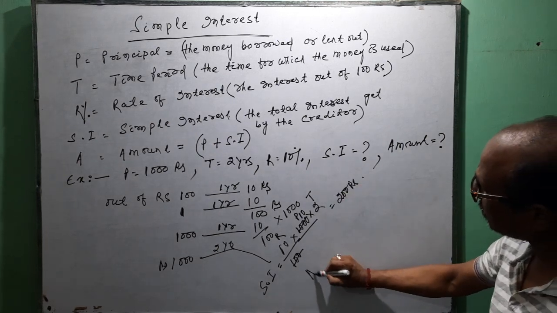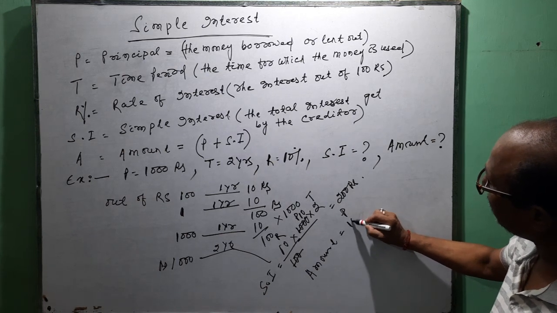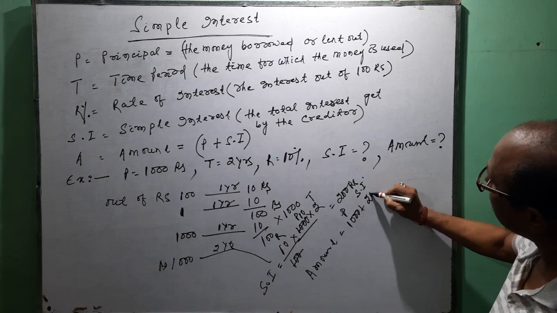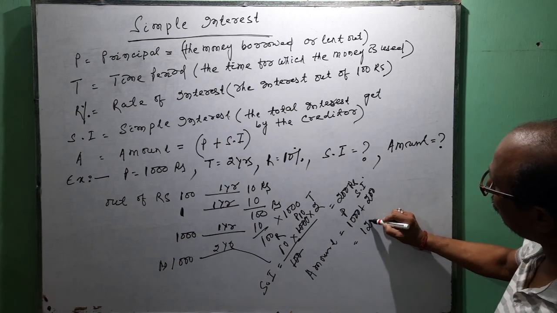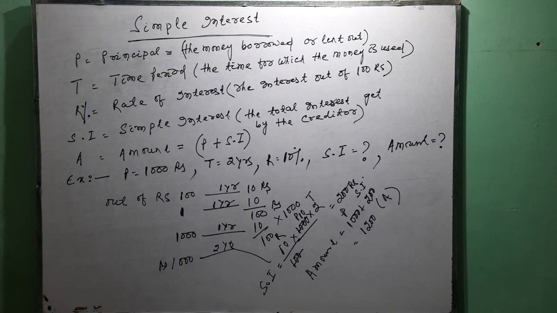In this case, amount is equal to principal 1000 plus simple interest 200, so 1200 rupees as amount.